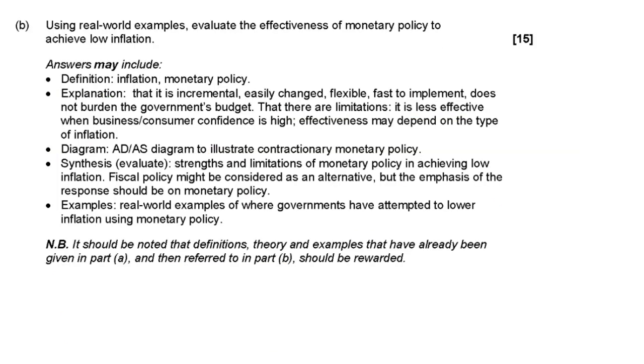In part B, standard level, we have to talk about monetary policy in achieving no inflation. Of course, we have defined inflation, right? It is the persistent rise in general price level. So you must have the term persistent and also the term general. Next, what is the meaning of monetary policy?